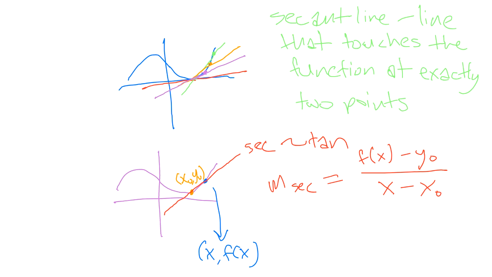Let's say this point right here is going to be 1, 2. Then essentially we would plug in 2 minus y naught over 1 minus x naught. That's essentially what it's saying. So now that we have that out of the way, let's go ahead and try a sample problem.